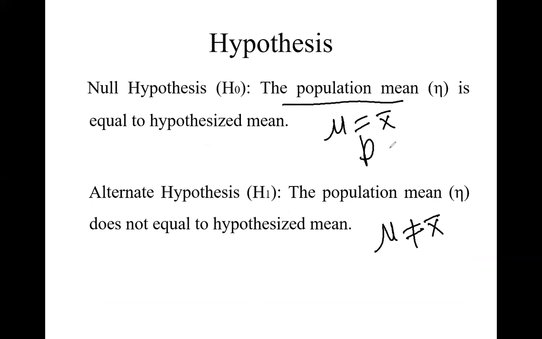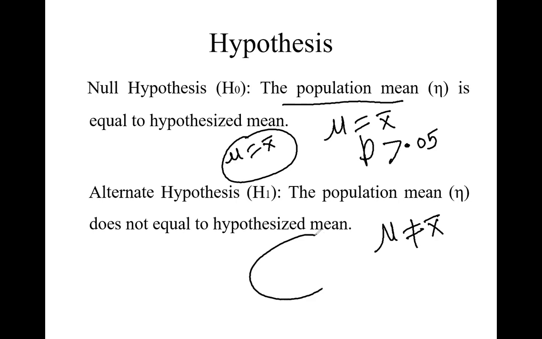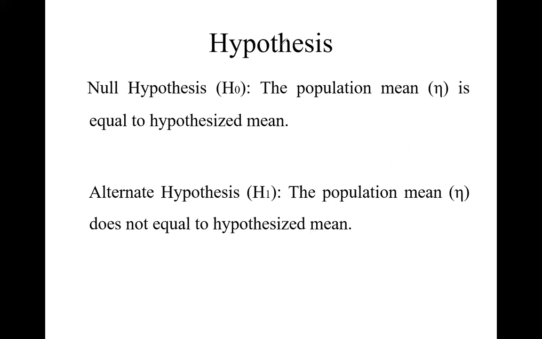If the p value is greater than 0.05, it means there is no difference; mu and x are the same. But if the p value is less than 0.05, it means there is a difference; the sample mean is not equal to the population mean. Now, the question is how to check this.